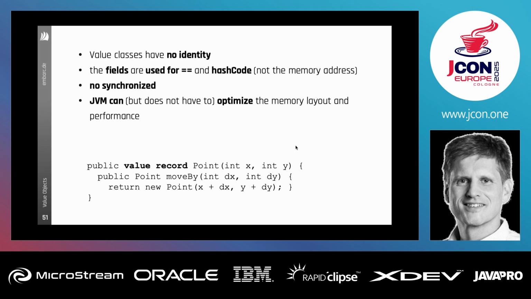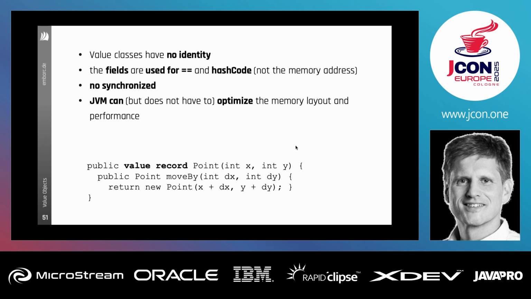So what does it mean? What do value classes, value objects mean? They have no identity. That means when we compare two value objects, the values of the value objects will be compared. So the fields are compared, like in equals or in hashCode.